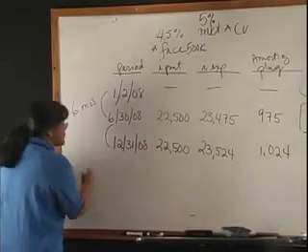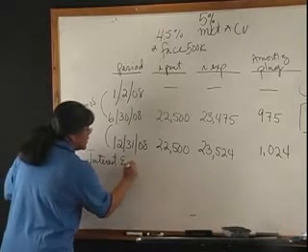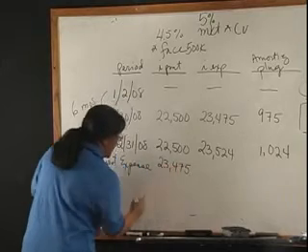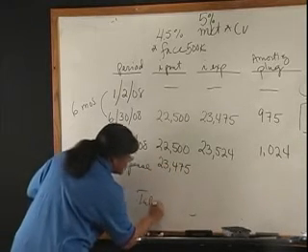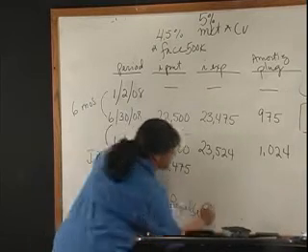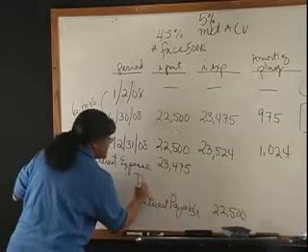So the journal entry that I would make is I would debit the interest expense for $23,475. I would credit interest payable for the $22,500. And then the difference would be the amortization of the discount.